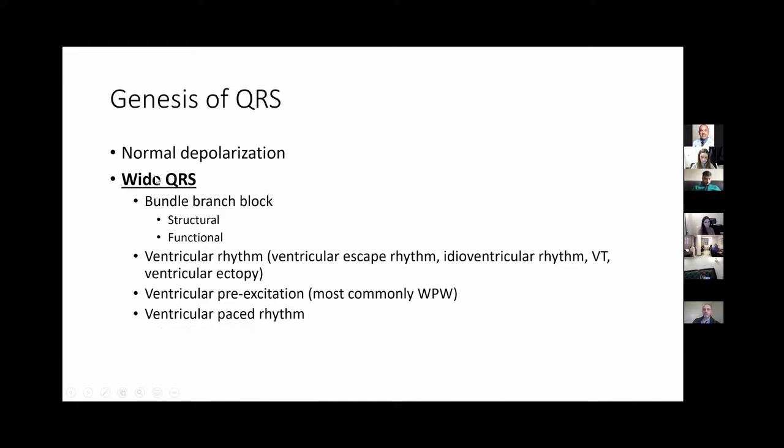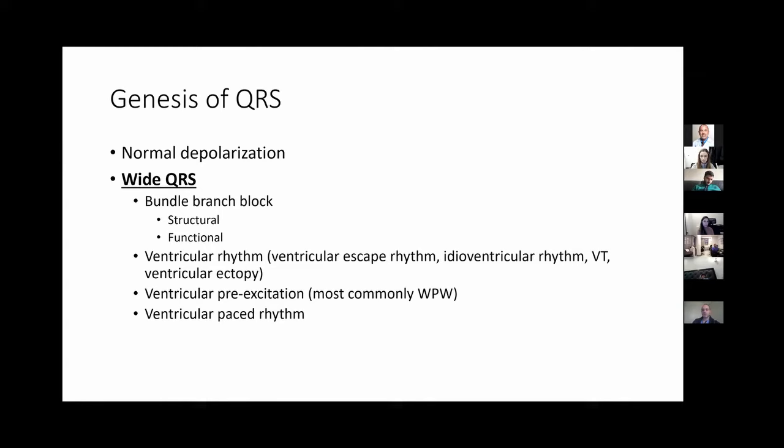So whenever you see a wide QRS, it can be bundle branch block, keeping in mind that the patient may have an existing structural abnormality of the conduction system. They have bundle branch block at any point in time. And you can have a functional bundle branch block, which happens in certain situations, like the rate-related bundle branch blocks you've probably heard of, that can be transient.